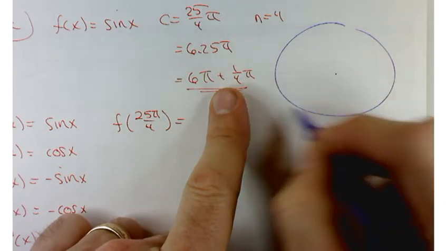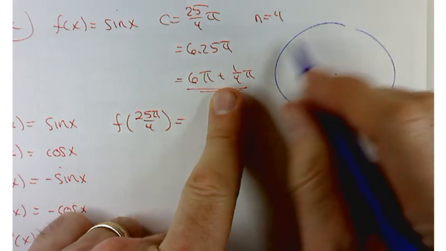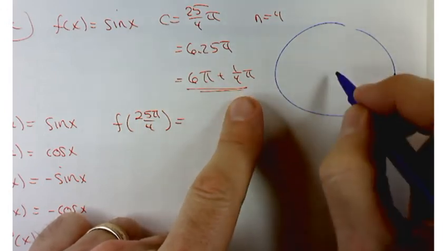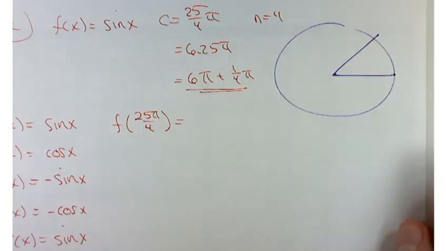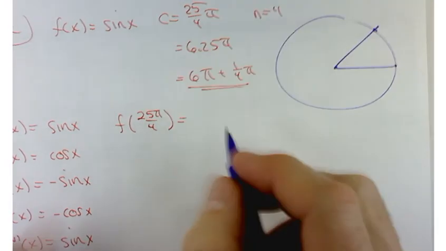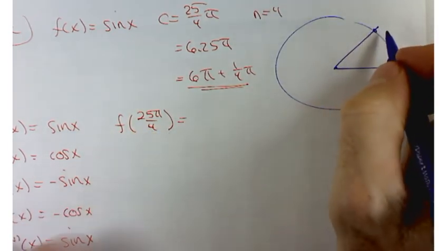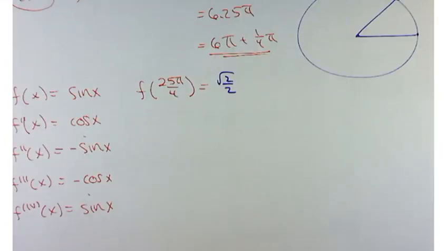Once around the unit circle is 2 pi, and then 4 pi, and then 6 pi. So 1/4 pi is a 45-degree angle. So really you're evaluating your sine and cosine functions at that pi over 4 angle. What's the sine of pi over 4? Root 2 over 2. Trick question, what's the cosine of pi over 4? Root 2 over 2. All right, so yeah, they're both the same because you're on the line y equals x there.